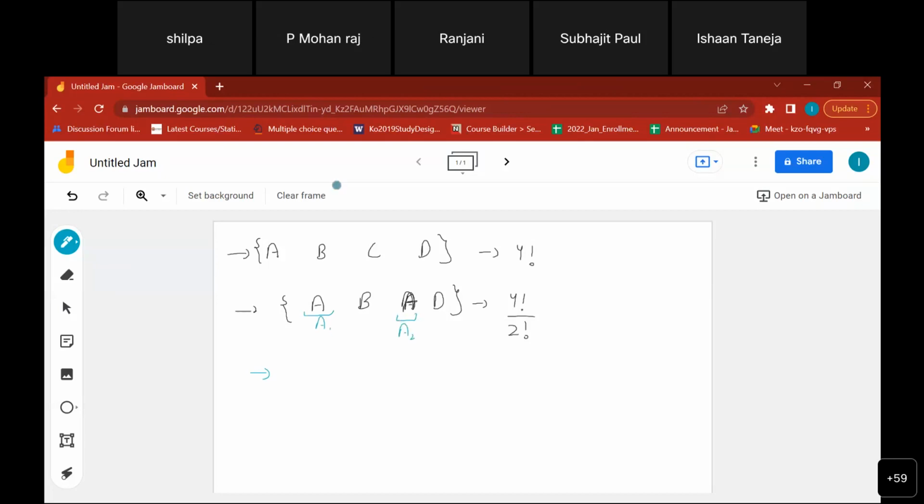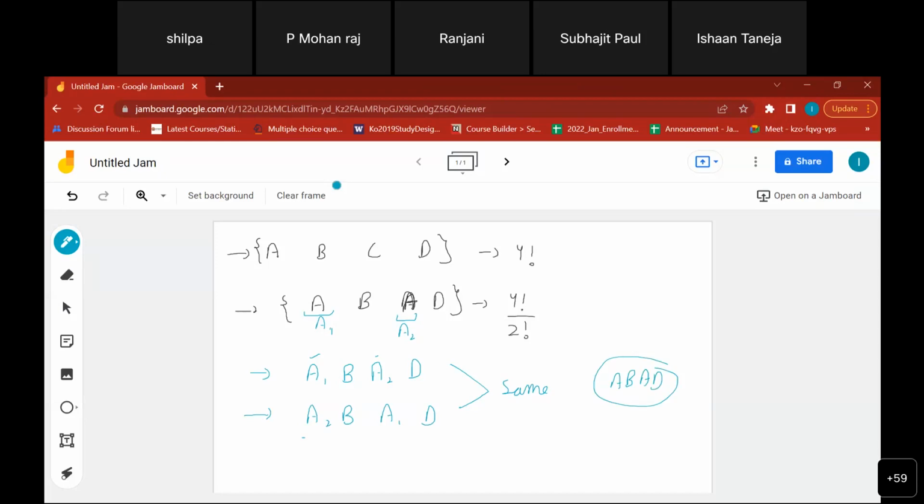If I make a word A1 B A2 D, and the second one A2 B A1 D, these two are the same. It doesn't matter which A I put first and which second; at the end I get the same word, A B A D.